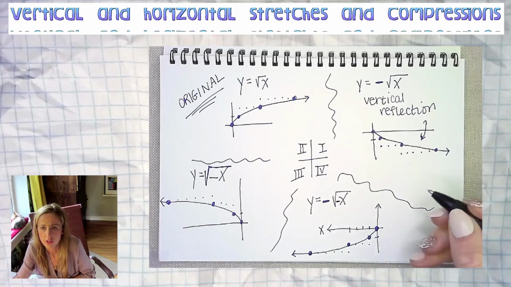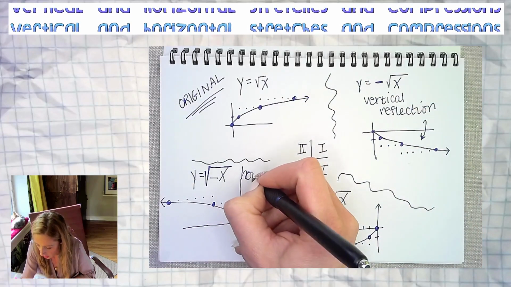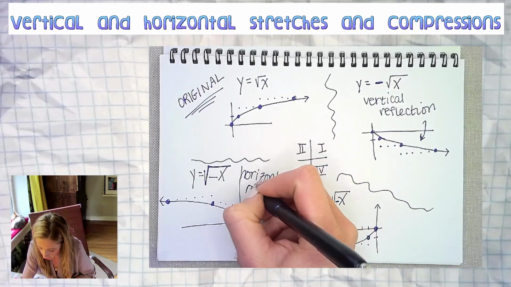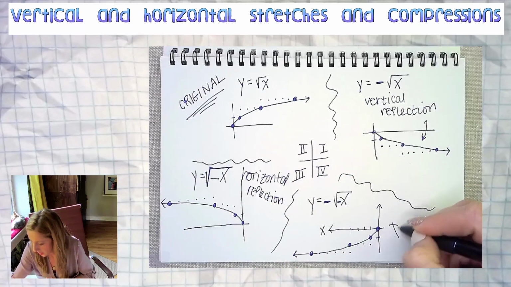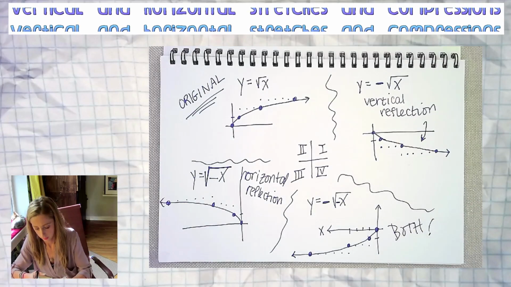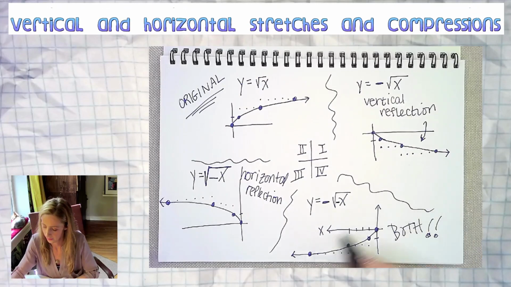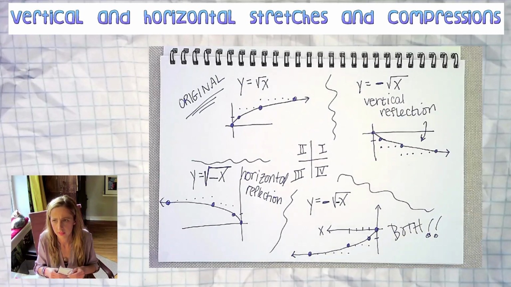Okay, so this is both. So this was a vertical reflection, horizontal reflection. And this is both. Horizontal and vertical. Okay, so that's just a review of everything that can happen.